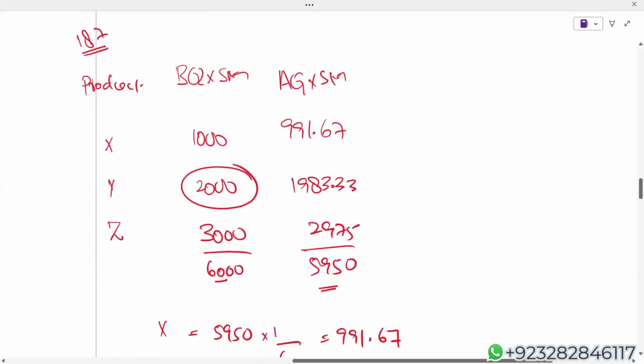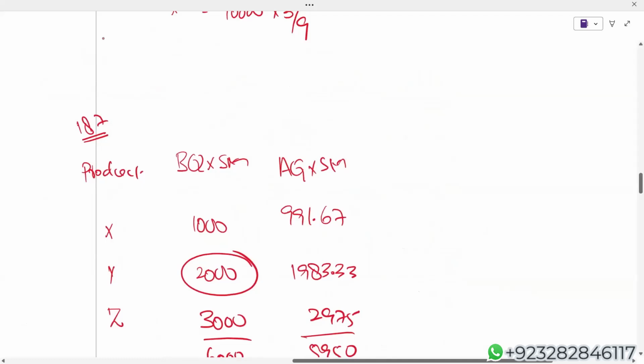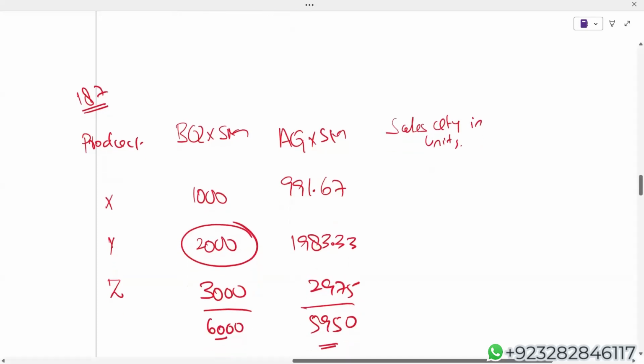Now let's see sales quantity variance in units. Look at this. In case of sales quantity variance in units, either they will all be adverse or they will all be favorable, because it is the difference between budgeted quantity into standard mix and actual quantity into standard mix.